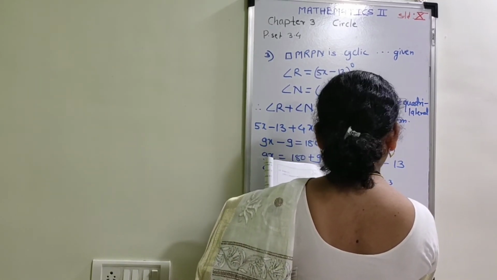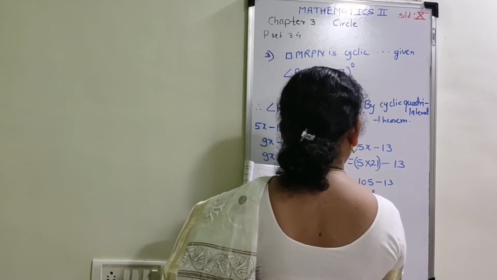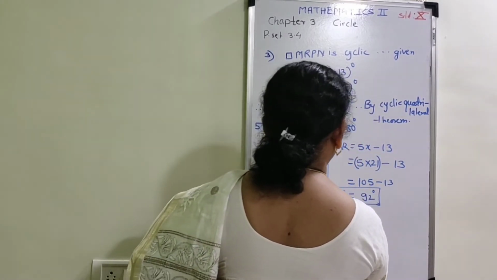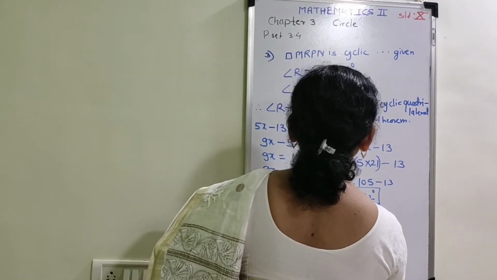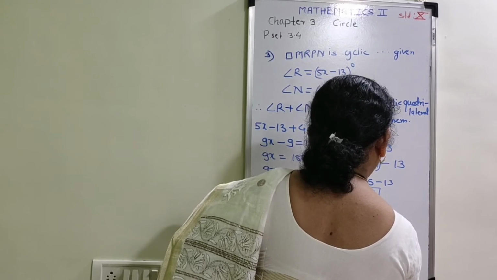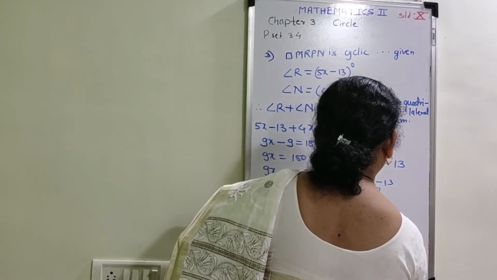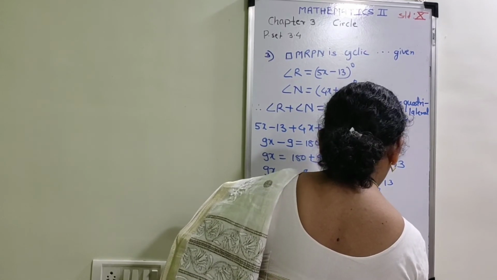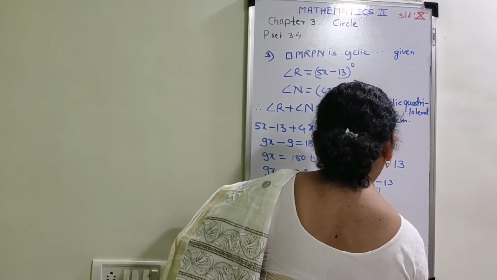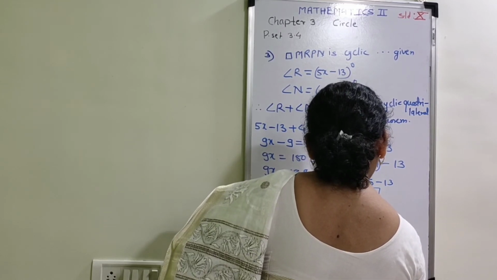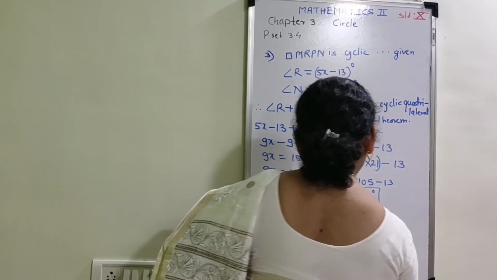When we subtract, we will get the answer 92 for angle R. Similarly, angle N is equal to 4x plus 4. 4 into 21 plus 4, that is 4 into 21, that is 84 plus 4, and addition is equal to 88. Therefore, angle N is equal to 88 degree.